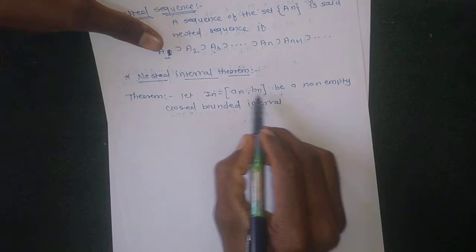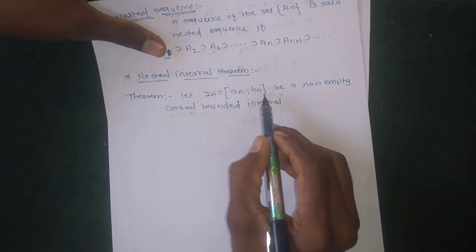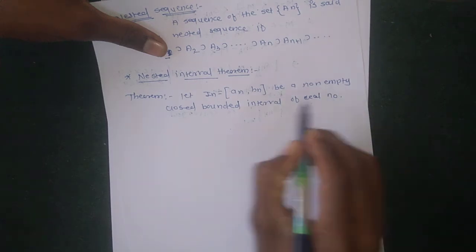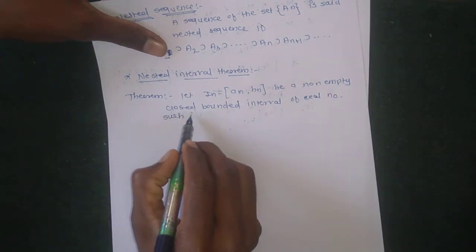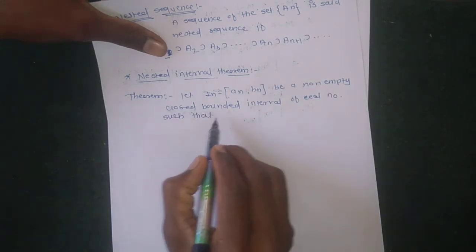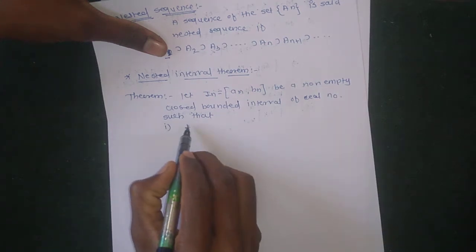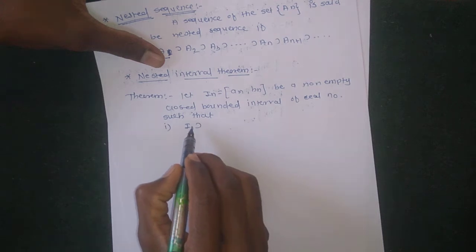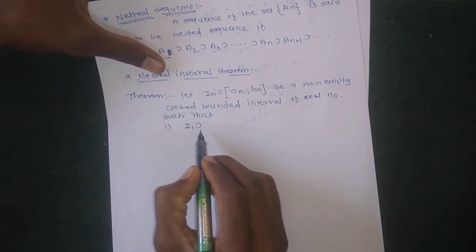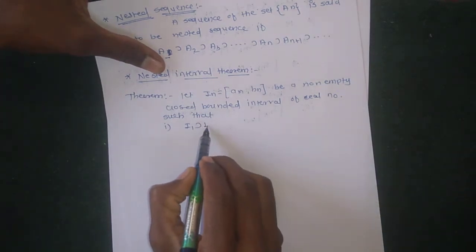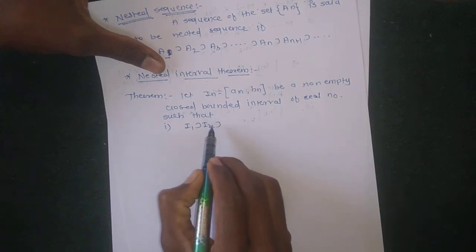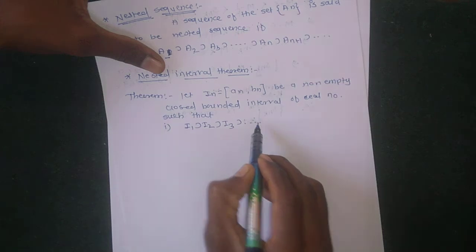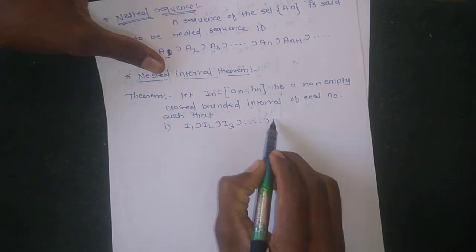A and B is a closed and also bounded interval of real numbers such that, first, I1, the first interval [A1, B1], contains I2 contains I3, and in this way up to so on.